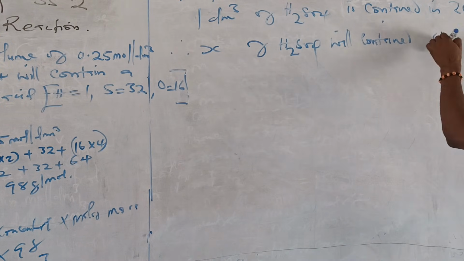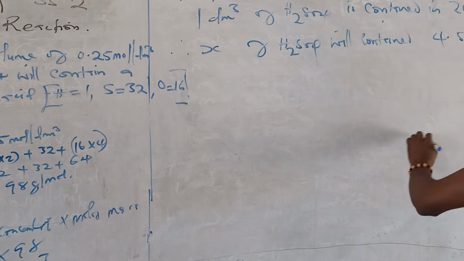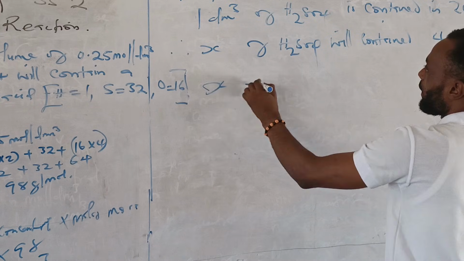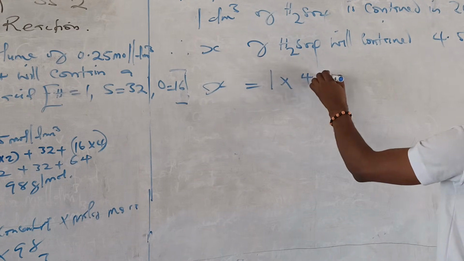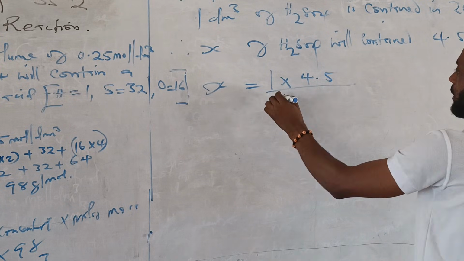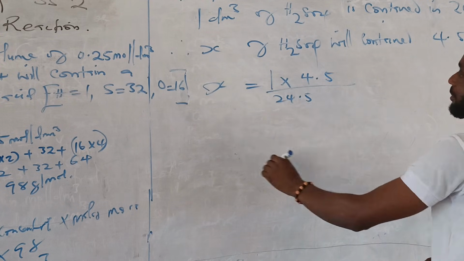When you cross multiply, our x is going to be 1 times 4.5 divided by 24.5.